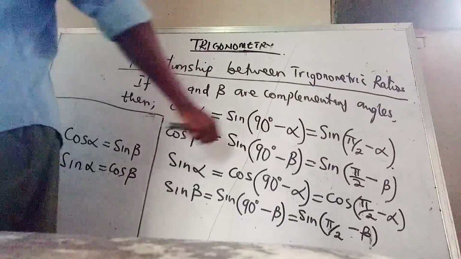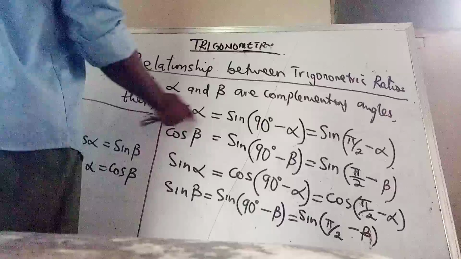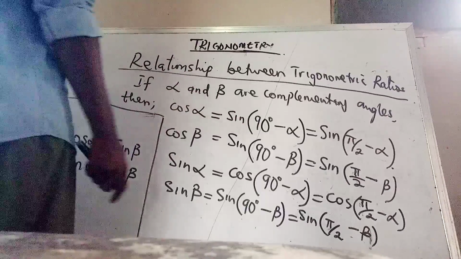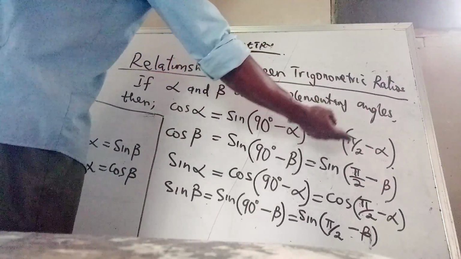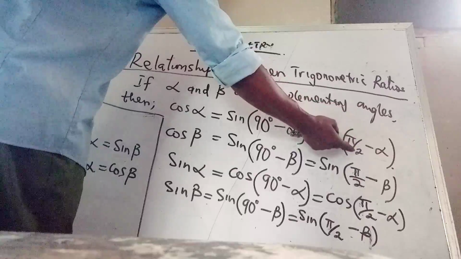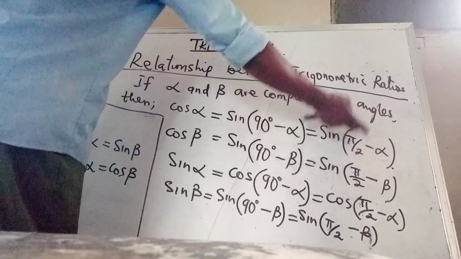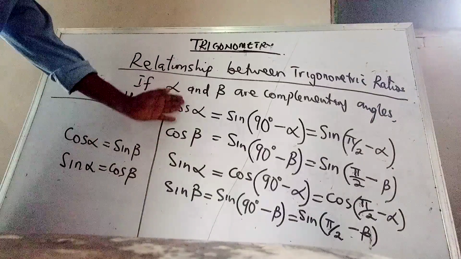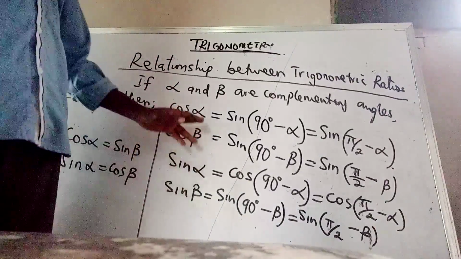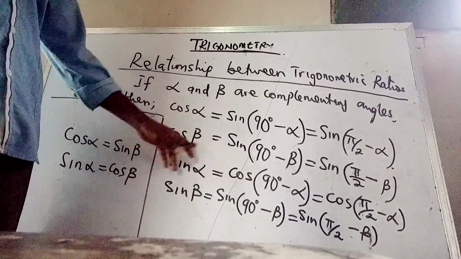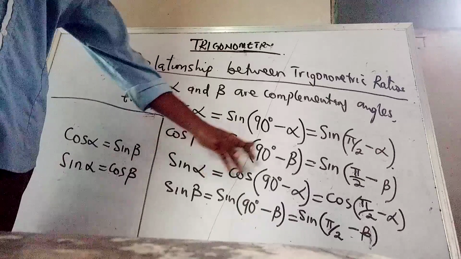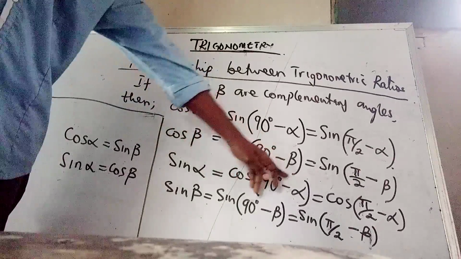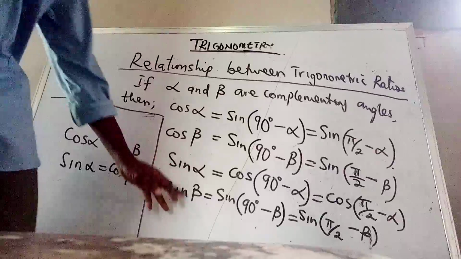So that means these two are the same. And in radian, it will be like this, pi over 2 minus alpha, because pi over 2 radian is the same thing as 90 degrees. The same thing applies here. Cos beta is the same thing as sine of 90 minus beta, and so on, like this.